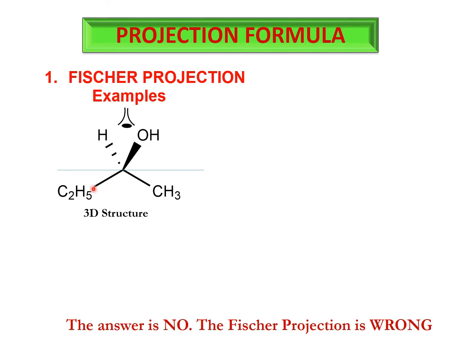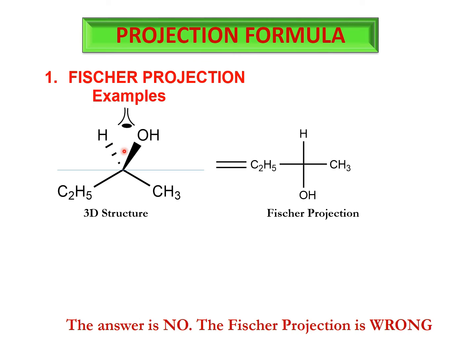Now if you're standing here in the same direction as you are facing now, and you are looking, your face is down, your molecule is down, and you're looking at it, you would see that H and OH will be on the vertical line. I just have drawn them in tilted form just to show you both the groups, but in fact they are right here straighter, both these H and OH.